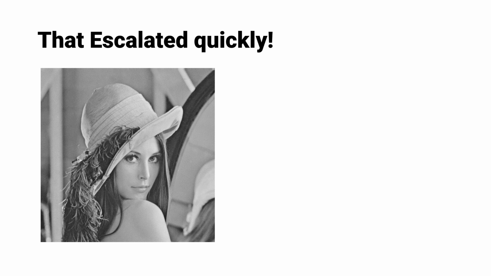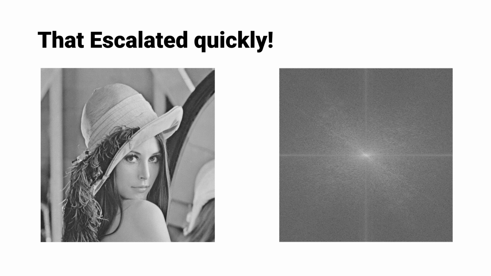So now let's take our Lena image from before, and if we take the Fourier transform of this, what will happen? You might be thinking that's going to be a lot of frequencies, almost every frequency is going to exist, and you would be absolutely correct. But let's plot it and see what we can make out of this, right?